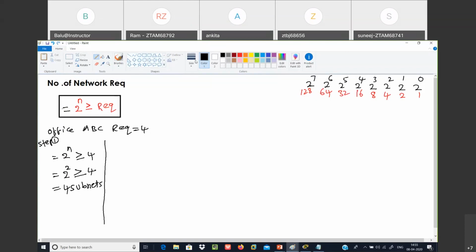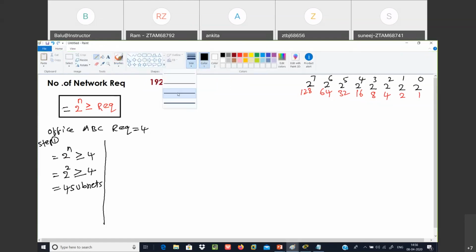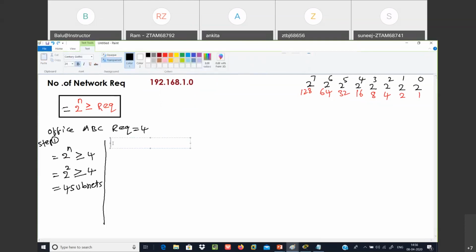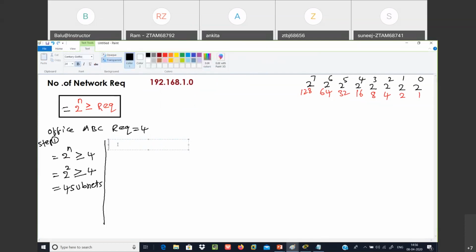Next step. Our base example is 192.168.1.0, a network. What will be the subnet mask of this IP address? 255.255.255.0.